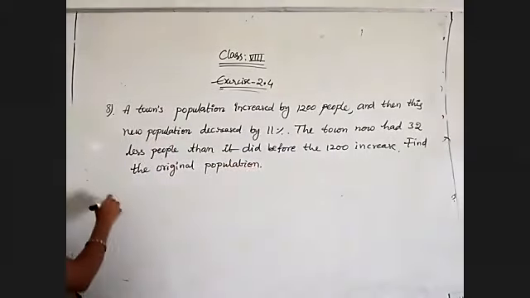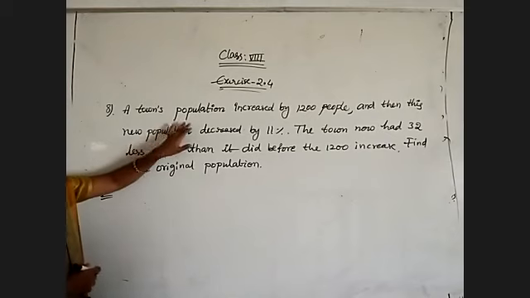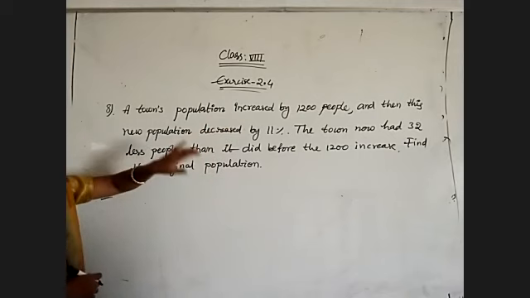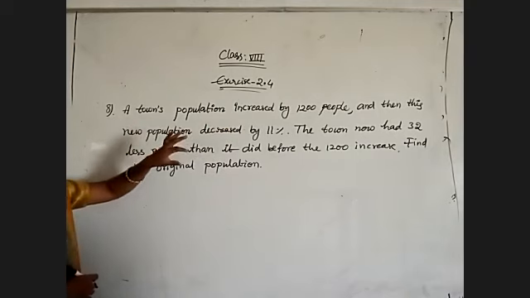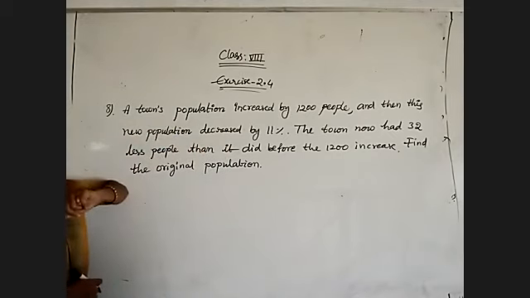Okay, observe the question. This question is somewhat different, so just observe carefully, then you will understand. The town's population increased by 1200 people, and then this new population, whatever new population is there after the increment, is decreased by 11%.